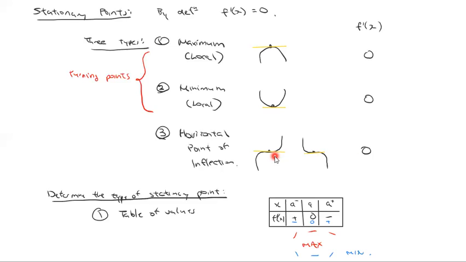And if it's positive, 0, positive, or negative, 0, negative, then it would imply a horizontal point of inflection. Make sense? Happy with all of that? All right, great.